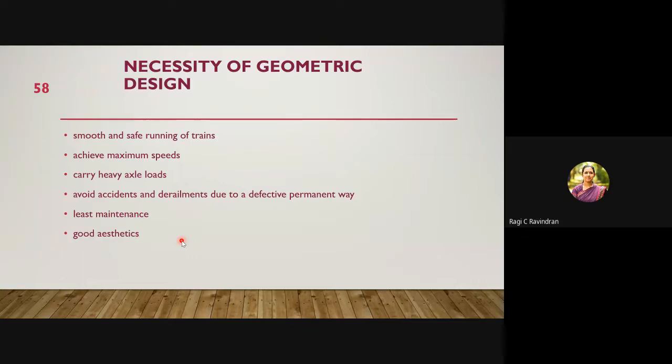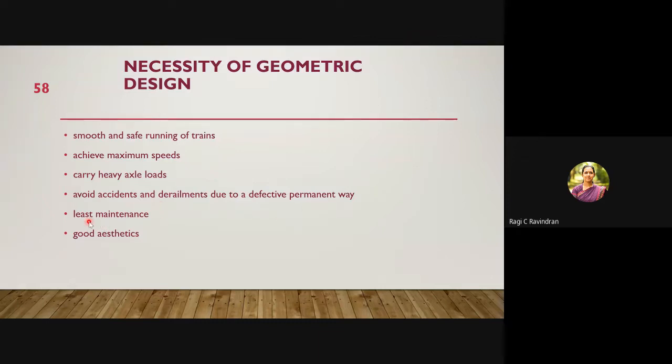And why is it necessary that we have to design a railway track geometrically? It is going to give you a smooth and safe running of trains, help you to achieve maximum speeds, will be able to carry heavy axle loads, and it avoids accidents and derailments due to a defective permanent way.